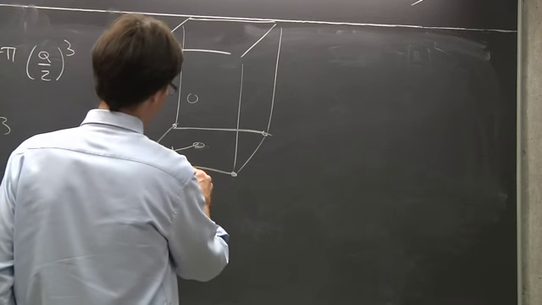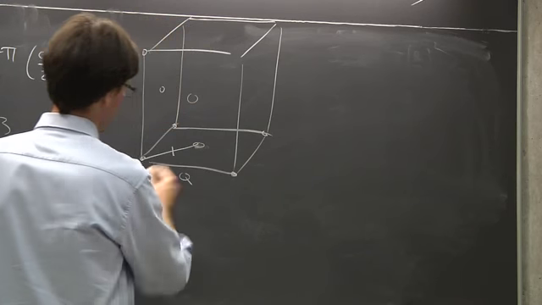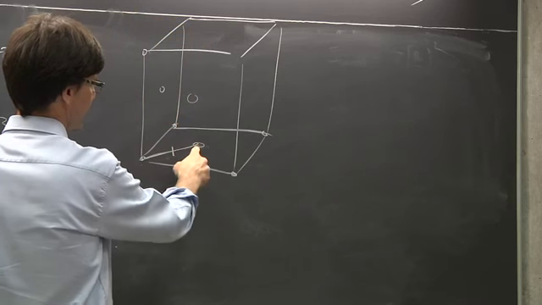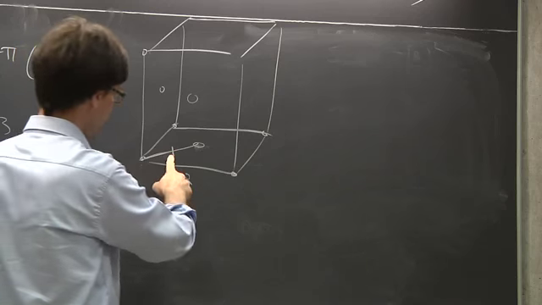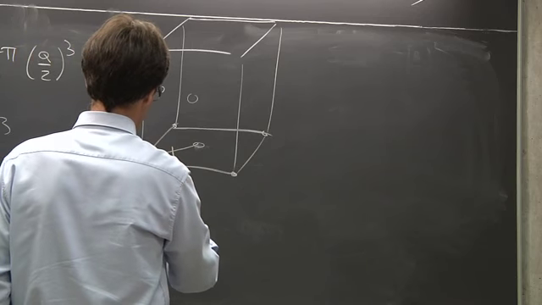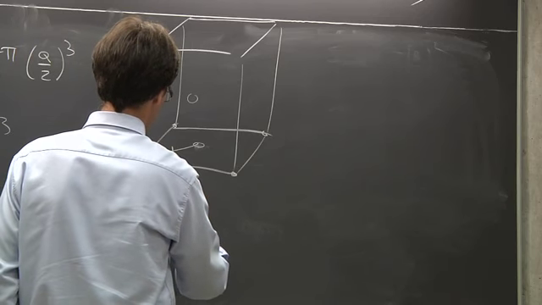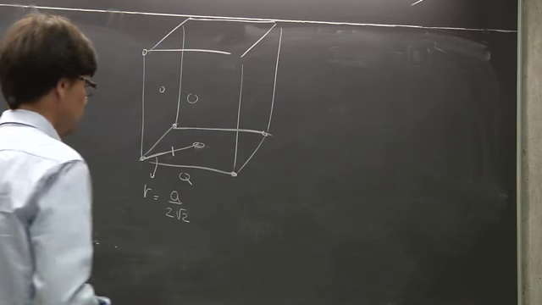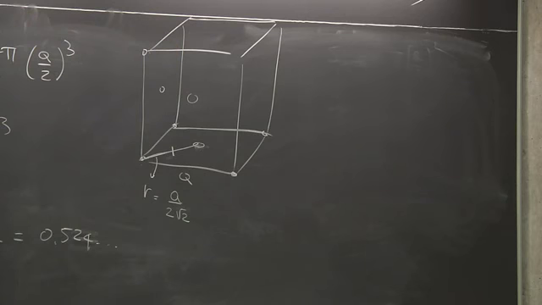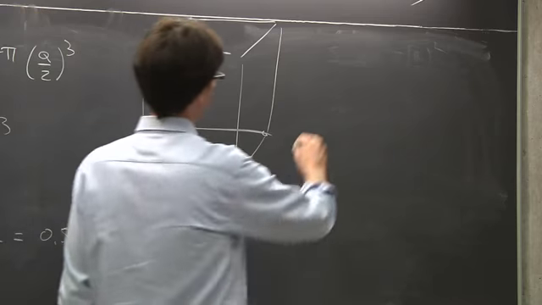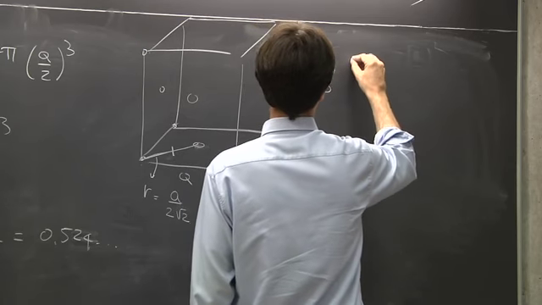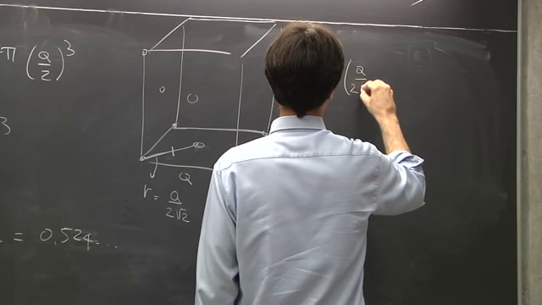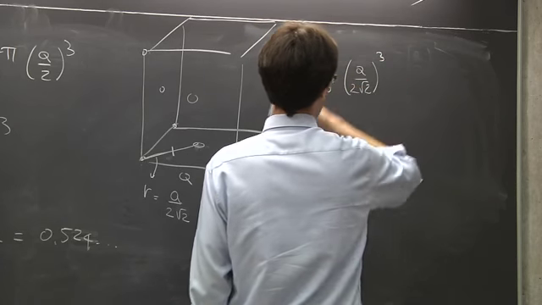So if this is A, this length is A over square root 2, and this is 1/2 of it, right? So the radius is A over 2 square root 2. Volume of the sphere, 4 pi over 3 times A over 2 square root 2, cubed.